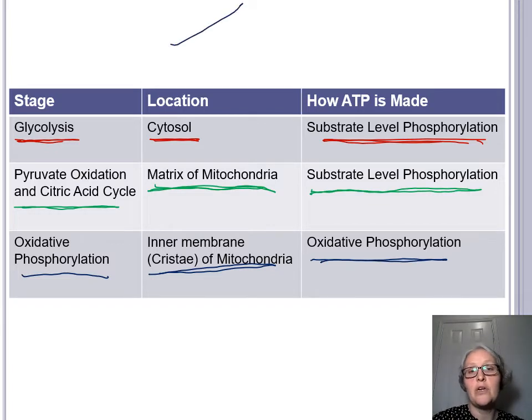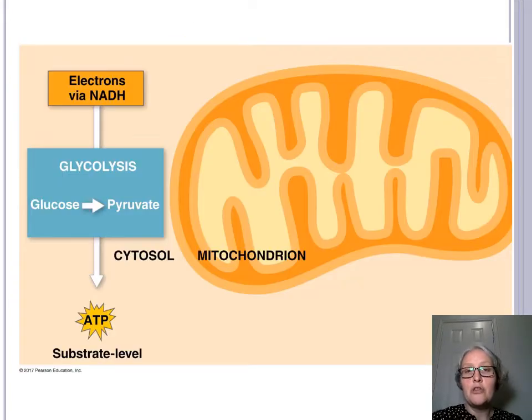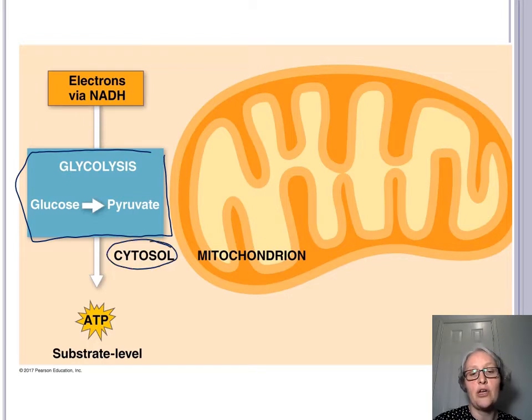Again, this is a really important chart that you should understand. You should know the 3 stages of cellular respiration, where each stage occurs, and how the ATP is made in each step. Those of you who like a visual representation of it, here is the vision from your textbook. So over here we've got glycolysis happening. Glycolysis happens out in the cytosol, and we make a little bit of ATP through the process of substrate level phosphorylation.